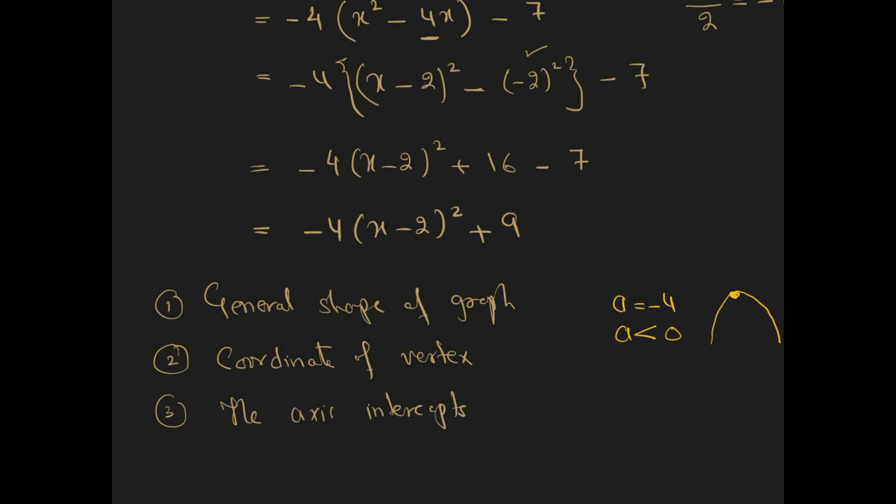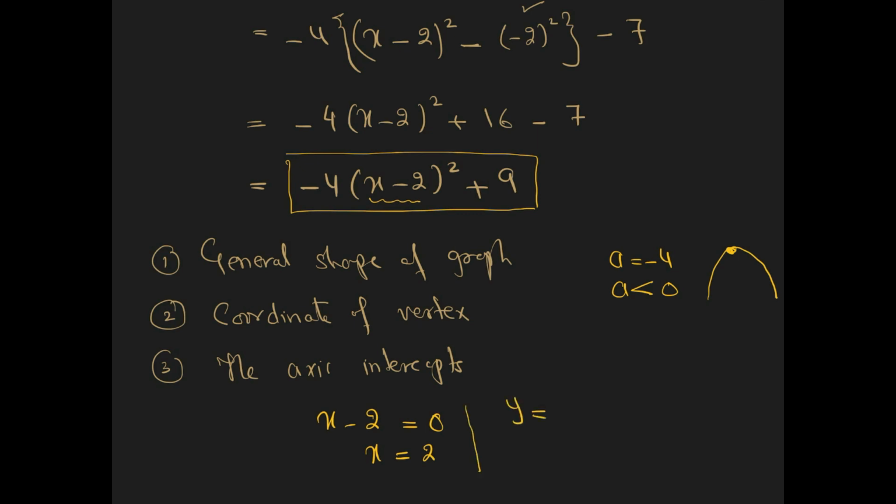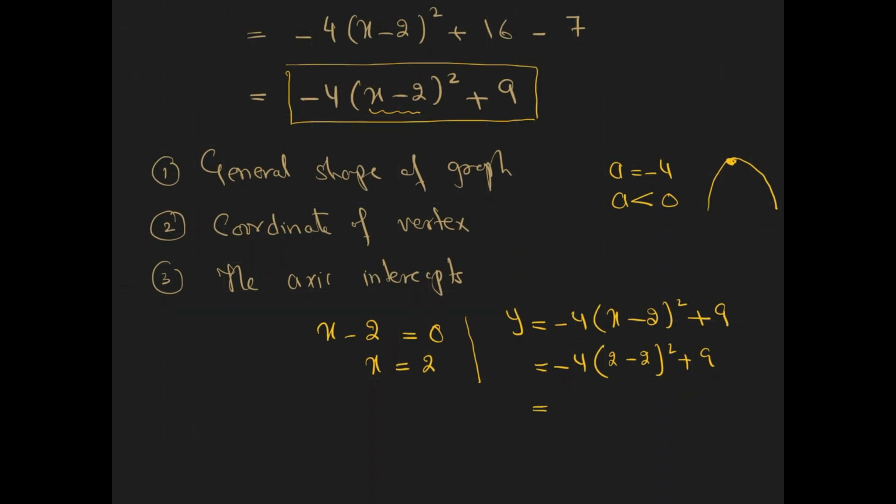Okay. Then, to work out the coordinates of the vertex, we will focus on the completed square form. If we take x minus 2 and equate it to 0, we will get the value of x. So, the x coordinate of the vertex is 2. Inserting this value into the function y equals minus 4 (x minus 2) whole squared plus 9, we get minus 4 (2 minus 2) whole squared plus 9, which gives 0 plus 9.